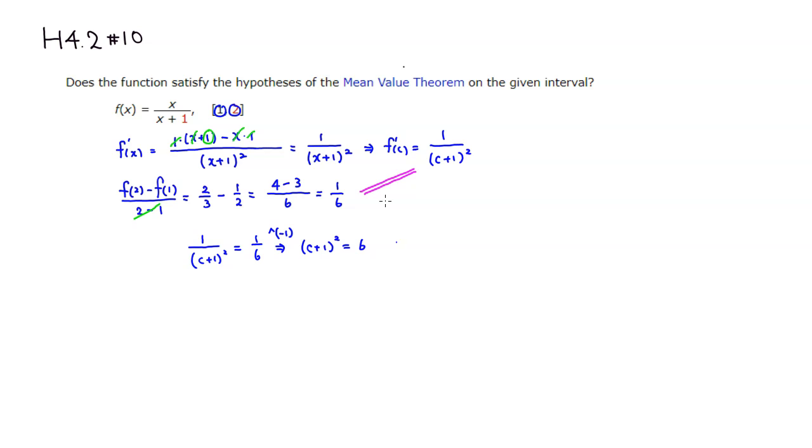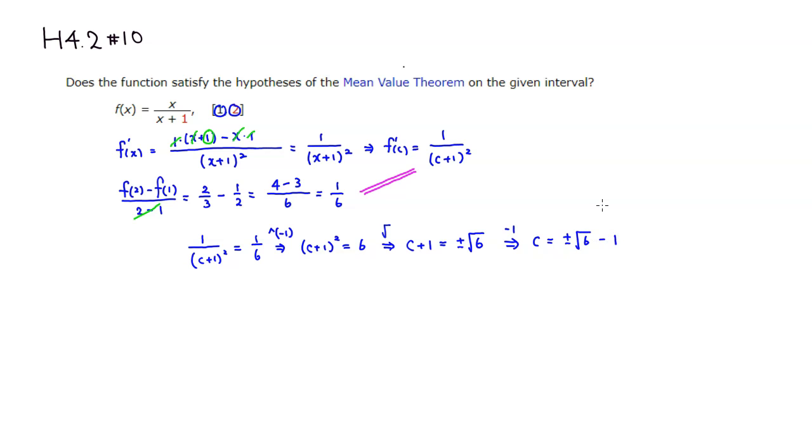Then we can remove the square by taking a square root. So you have c plus 1, but you have to consider a positive version and a negative version of the square root of 6. Then subtract 1 to isolate c. So c is plus or minus square root of 6, minus 1.